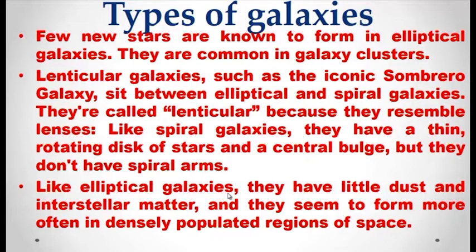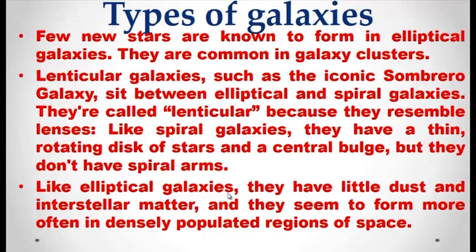Coming to the next type of galaxy, lenticular galaxies. Lenticular galaxies such as the iconic Sombrero galaxy sit between the elliptical and spiral galaxies. They are called lenticular because they resemble the shape of lenses.